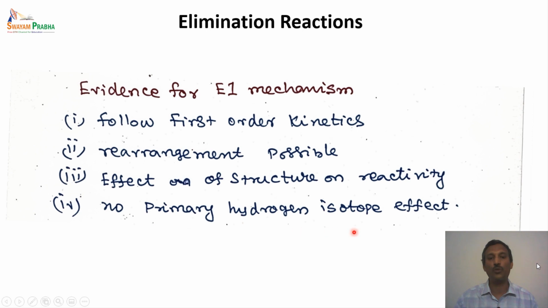So that's the reason there is no primary hydrogen isotope effect in this particular mechanism. Because what is the first step in this reaction? The first step is nothing but the elimination of the halogen to form the carbocation.